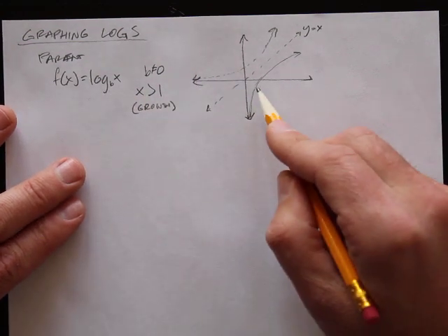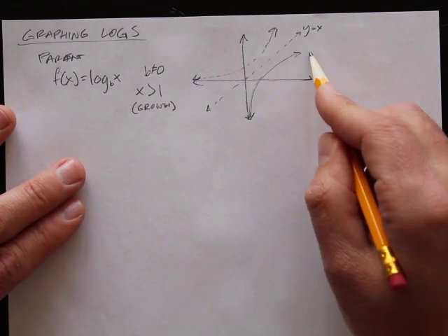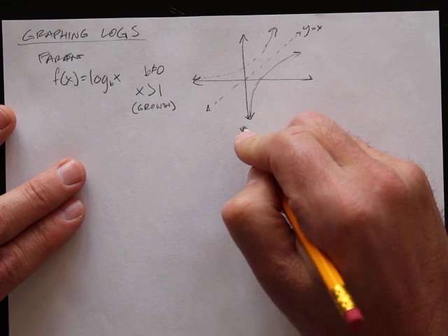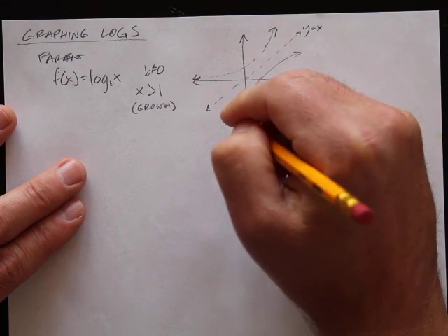And it looks like this, just like that. And in this case, x equals 0 is the asymptote.